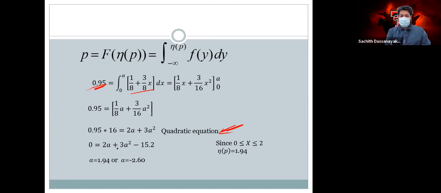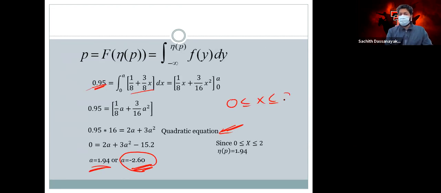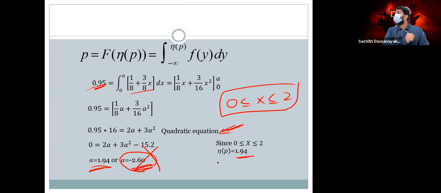Here, see, two answers for A, but you cannot take this one. Why? Your PDF range is 0 to what? 2, right? I don't remember that. Yes, 2. So your range is 0 to 2. So you cannot get the value negative 2.6. So the only possible answer is 1.94. So this is your C, as I mentioned, your C or A. Eta P is just a notation.